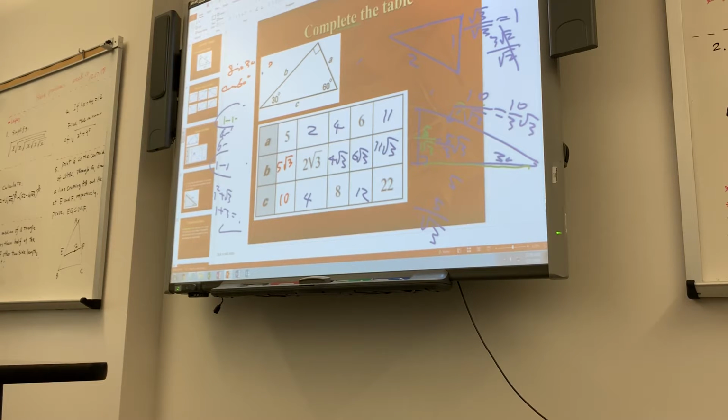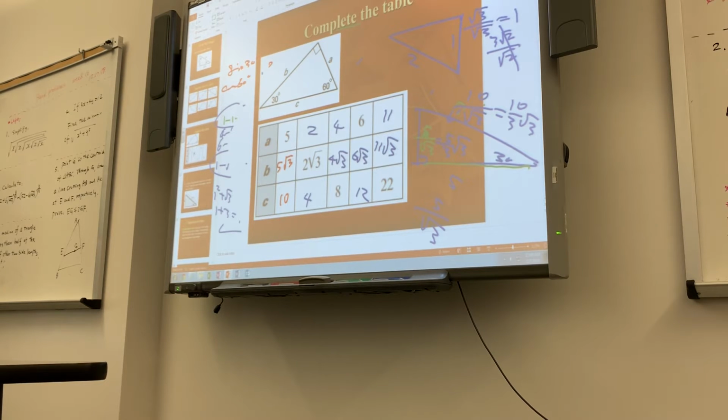Sine 30 degrees is 1/2, sine 45 is square root 2 over 2, and sine 60 is square root 3 over 2. Cosine: square root 3 over 2, square root 2 over 2, 1/2.